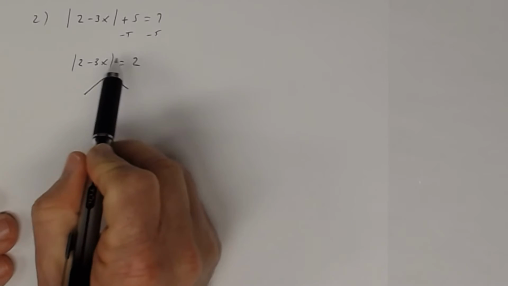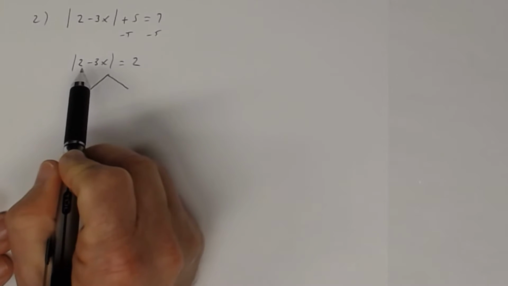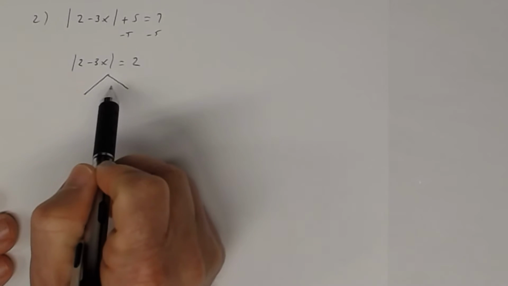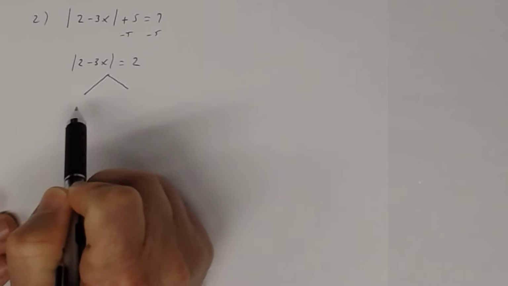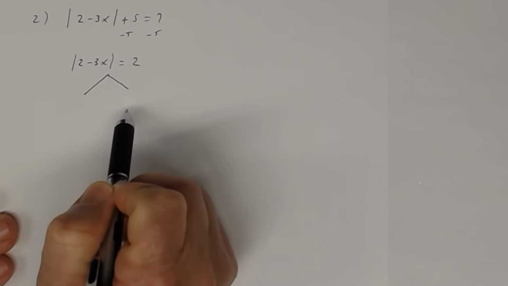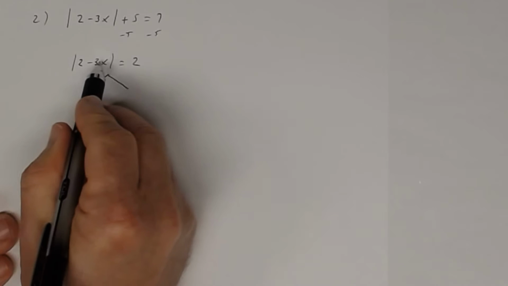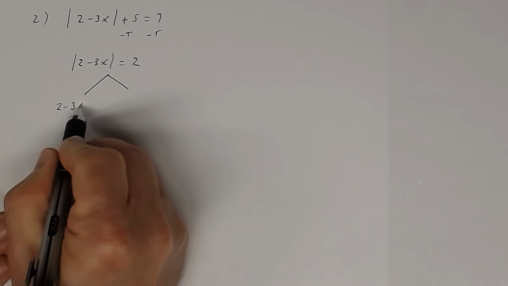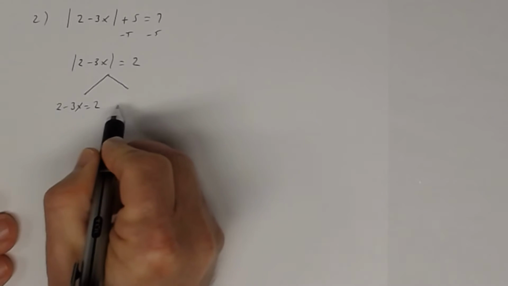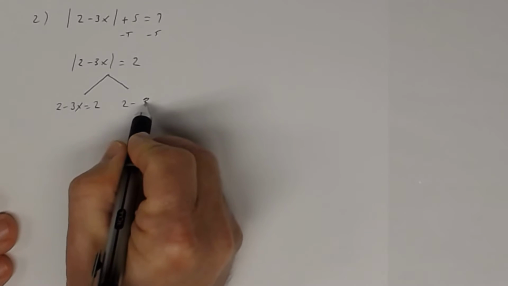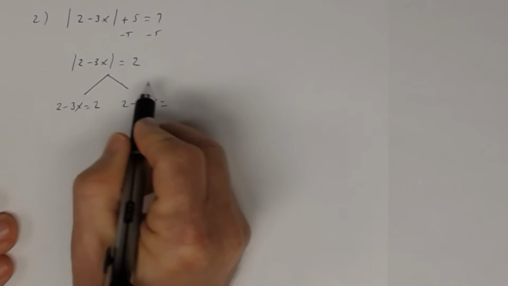The expression is linear, so you rewrite this as two linear equations. You take what's inside the absolute value bars, 2 minus 3x, and set it equal to 2. Then you set 2 minus 3x equal to the opposite of 2.